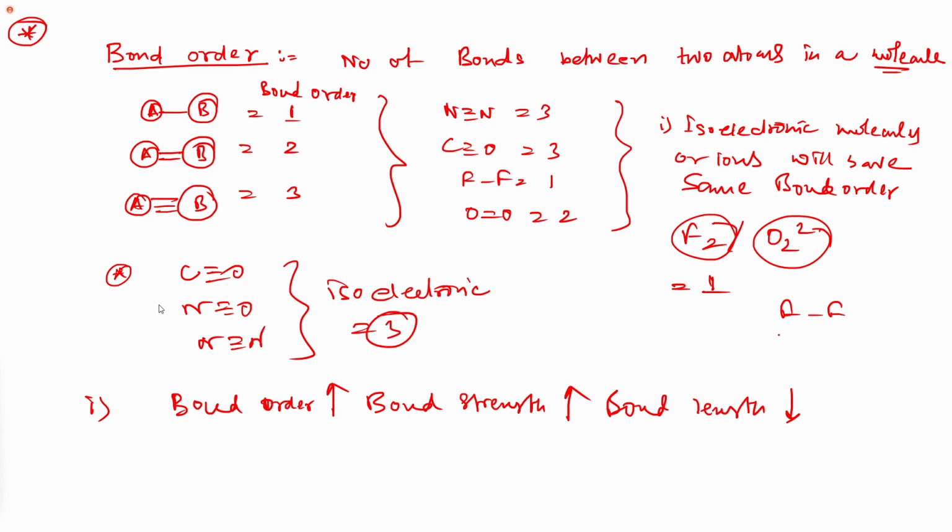If you compare, in F2 the bond order is 1, but for N2, NO and CO, the bond order is 3. So these bonds are much stronger. The bond strength of CO and NO is stronger than F2. But when the bond strength is increasing, then the bond length will be decreasing. That is the case.